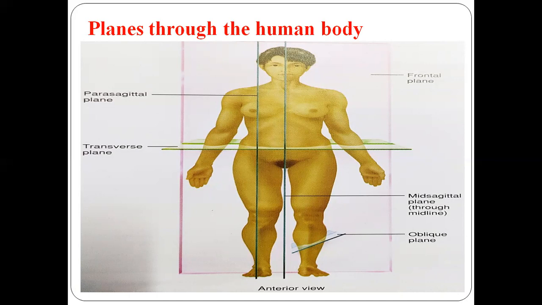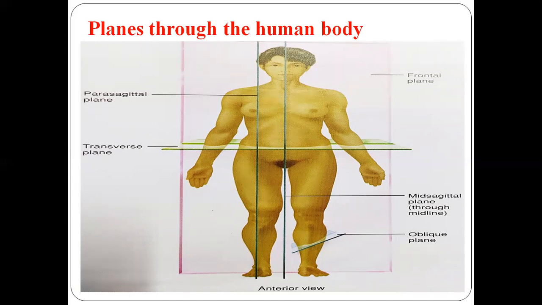Now, the midline is an imaginary vertical line that divides the body into equal left and equal right sides. So, if the sagittal plane does not pass through the midline, but instead divides the body or an organ into unequal right and left sides, it is called the parasagittal plane.